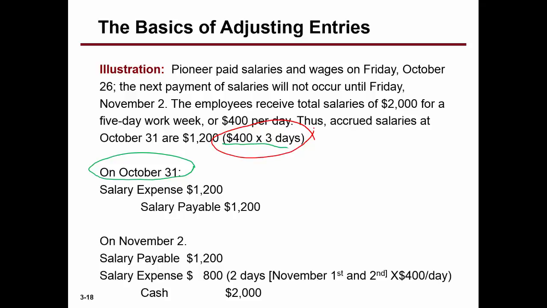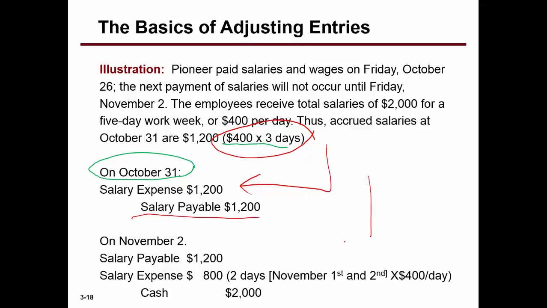Wednesday was the 31st. We debit salary expense and credit salaries payable, because we are going to pay them, although it's only in a couple days. At October 31st, we did owe them $1,200, didn't we?